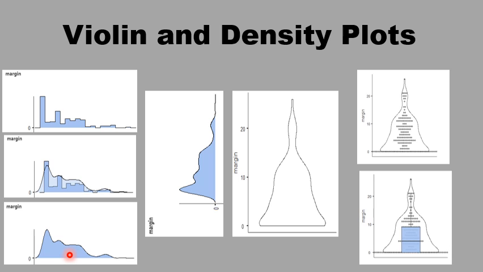Now, if you rotate this density plot 90 degrees, you get this. And you use this with a mirror shape to it to get a violin plot.